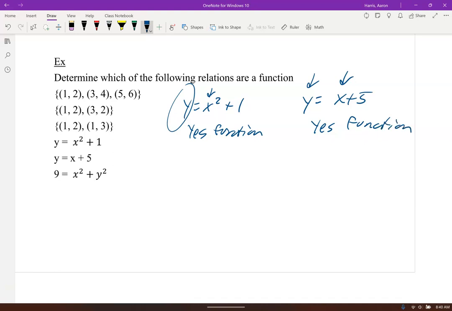But if you notice the very last one, I have x squared plus y squared equals 9. Now think about this one for a minute. Let's say I throw in, I don't know, 2 for x.